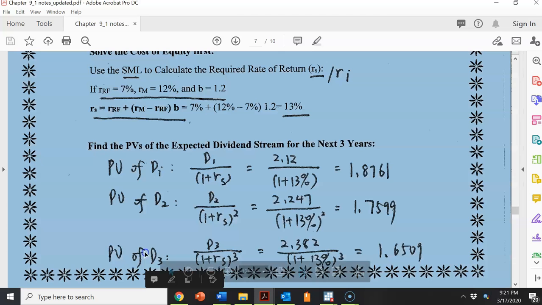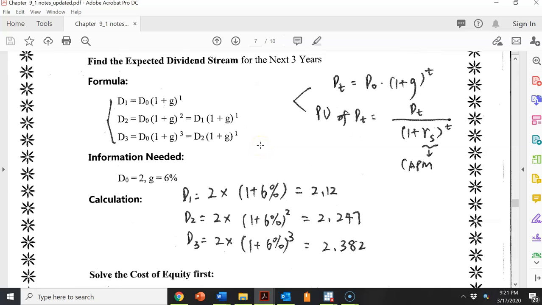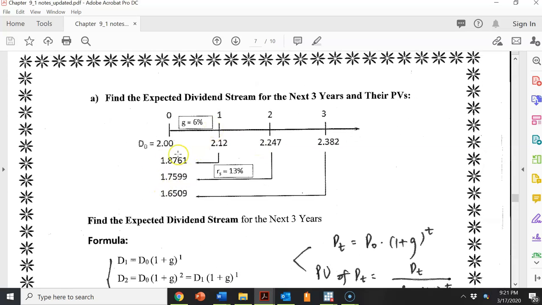For present value of D3, we can use D3 as 2.382 divided by 1 plus 13% cube. So we have 1.6509. So you can write these 3 numbers on the timeline here. Okay, we discount all the dividends one by one to get these present values of the 3 dividends.